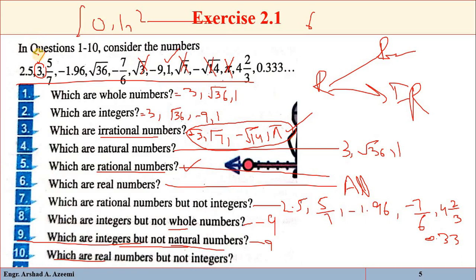So 3, under root 36, minus 9, and 1 are integers. So the question is, which numbers are real but not integers? Except these 4 numbers, the rest of the numbers are real numbers but not integers.